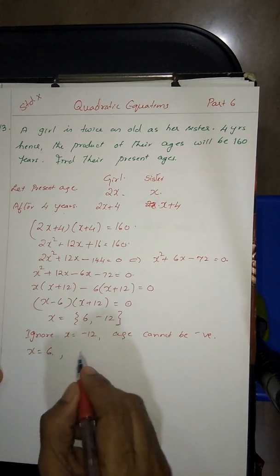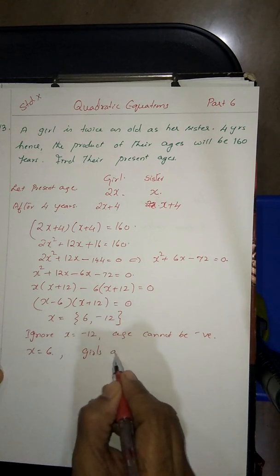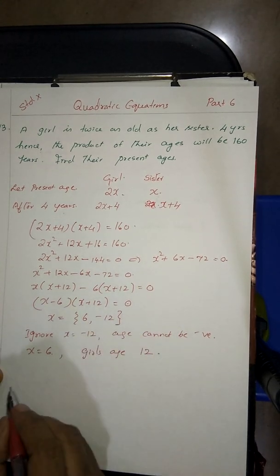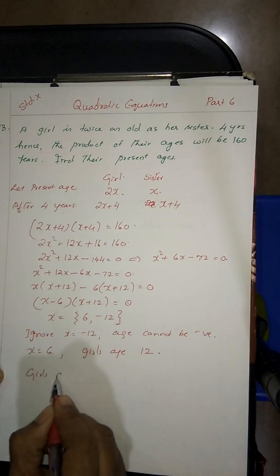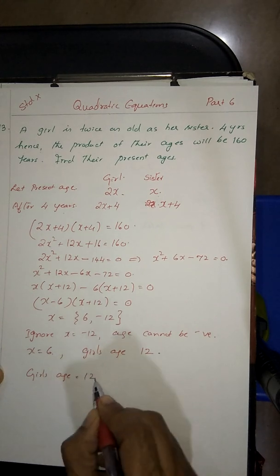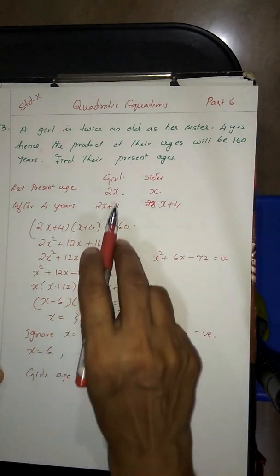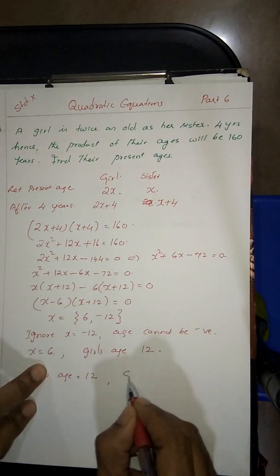So when x is equal to 6, the girl's age will be 2x, 12. So the girl's age is 12 and x is equal to 6. So the sister's age will be 6.